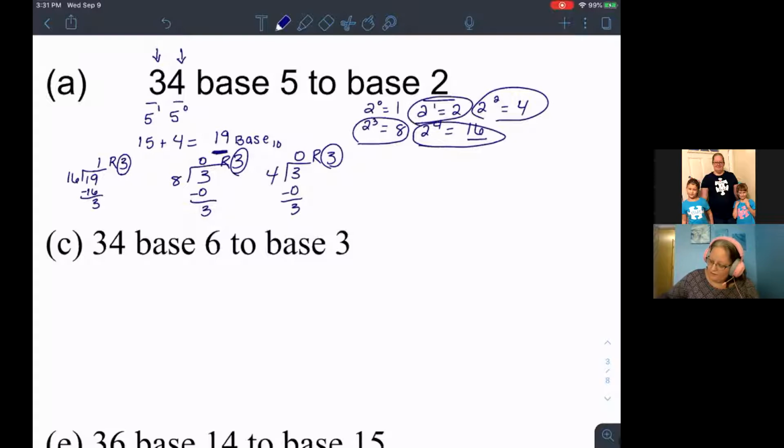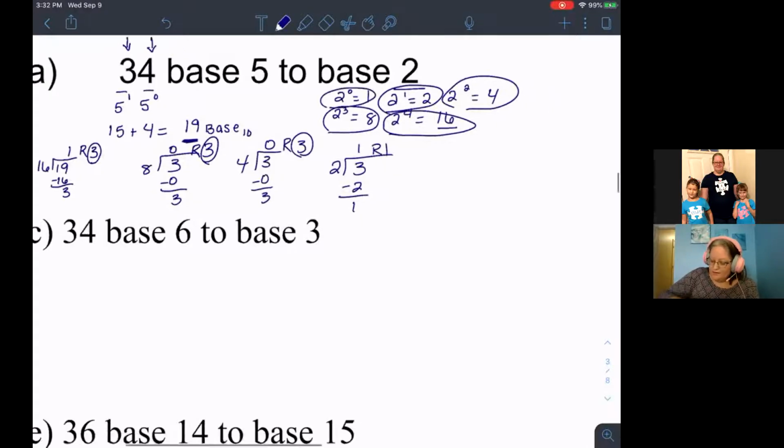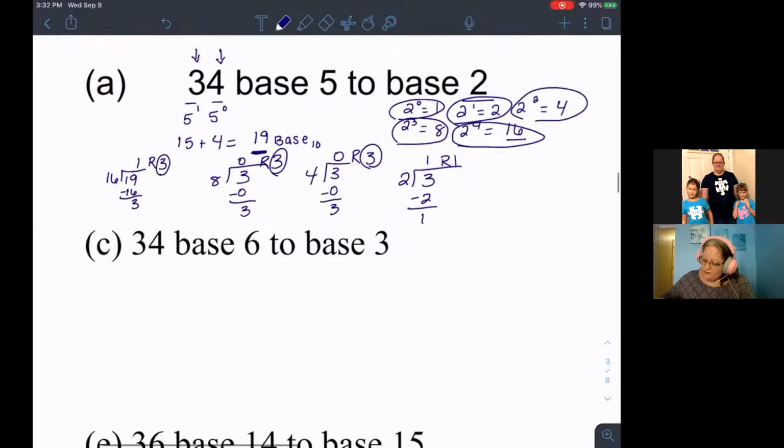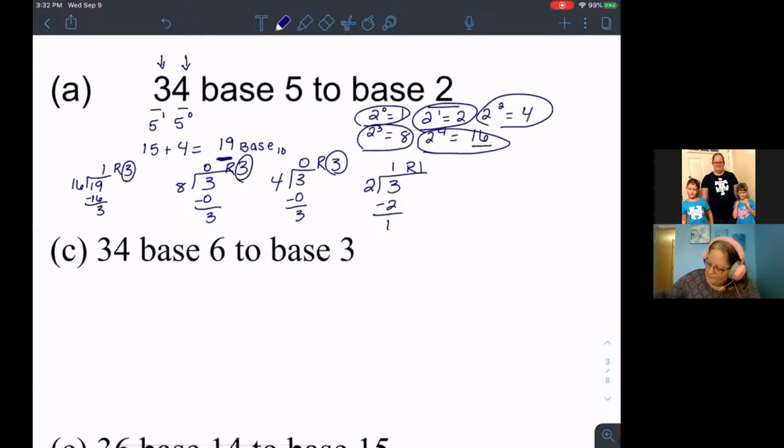Now we're down here. So we need to do the 2 divided into 3. That would be 1. So 2 times 1 is 2. You have a remainder of 1. Now what we need is to do the 1. So you put the 1 here, and you're dividing it by the 1 over here.